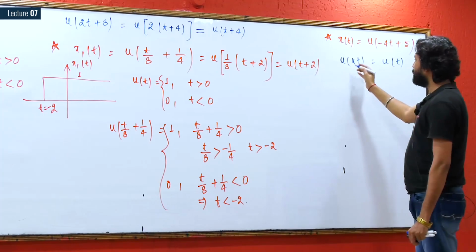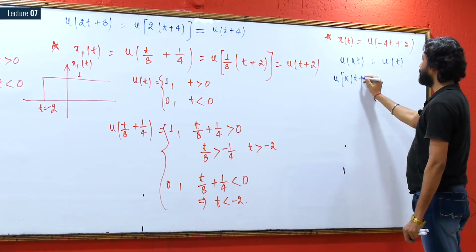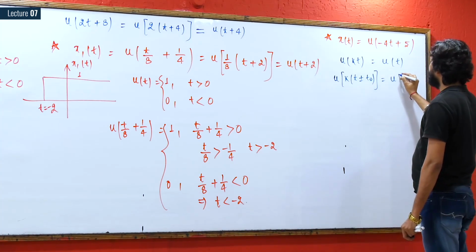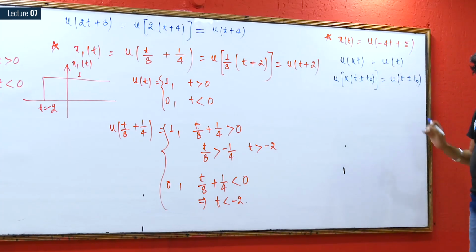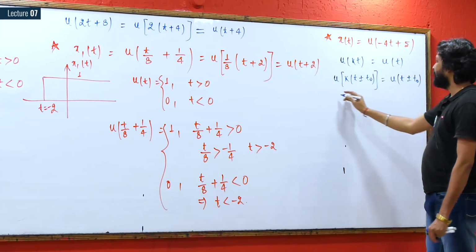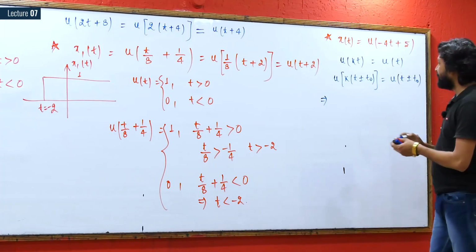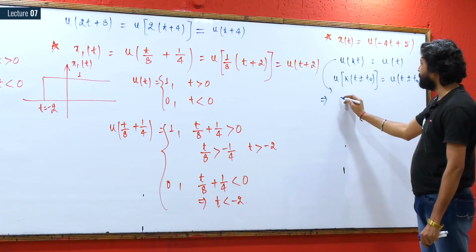Then we replaced this t by t plus or minus t naught, so this value will be equal to u of t plus or minus t naught. We replaced on both sides t by t plus or minus t naught. Now if we want to replace this k by minus k, or you can say directly from this, if you replace t by minus t, then what will be the value?